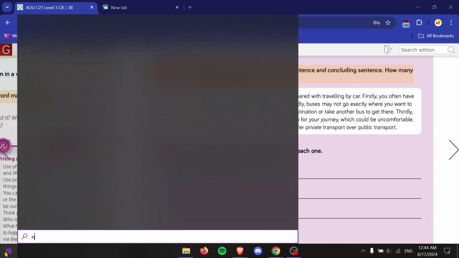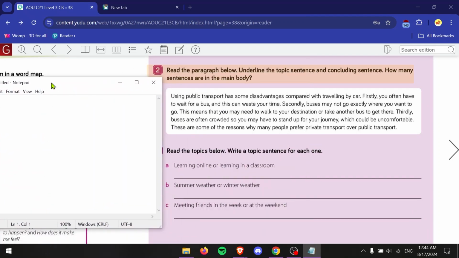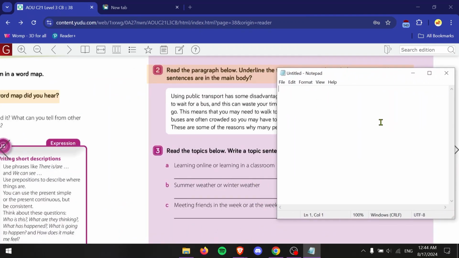Okay, so I'm going to assume you've written your own topic sentences for each one. So I'm going to do that now. First one is learning online or learning in a classroom.